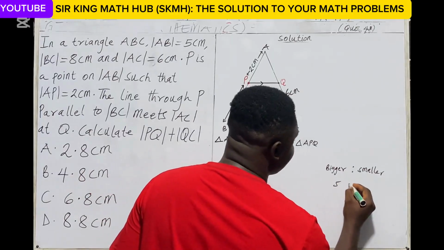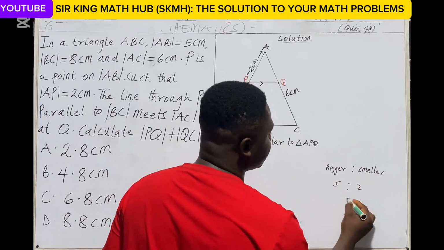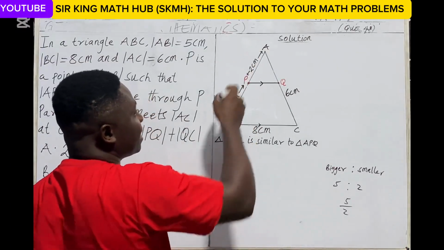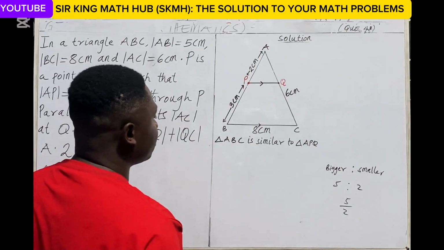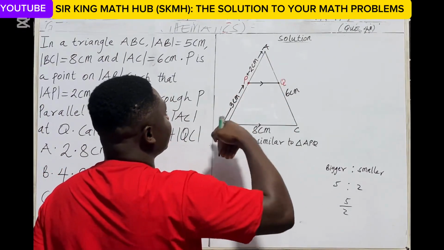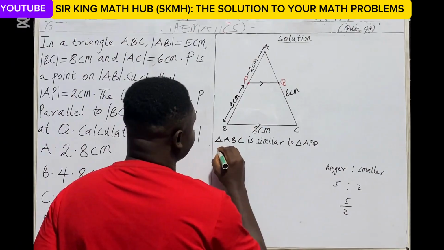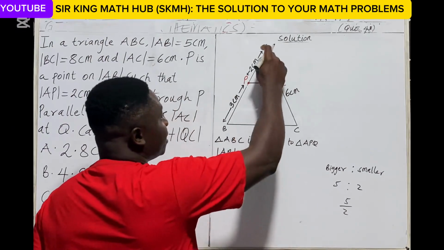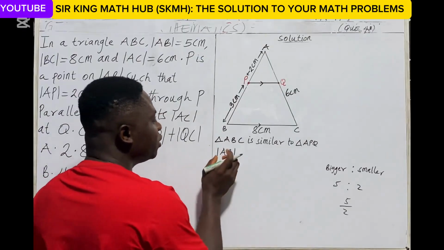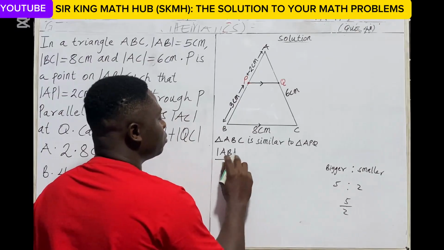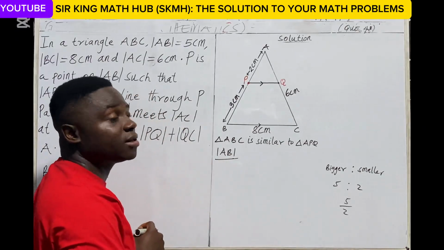So if I have 5:2, this can also be represented as 5/2. So now let's find the ratio of this side of the triangle, the bigger one first. What is the length of the bigger triangle? The length of the bigger triangle is line AB. So the ratio of line AB to that of the smaller triangle.